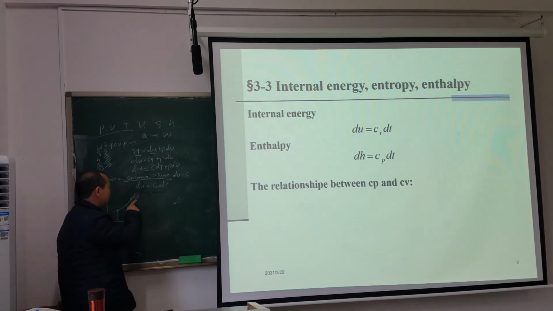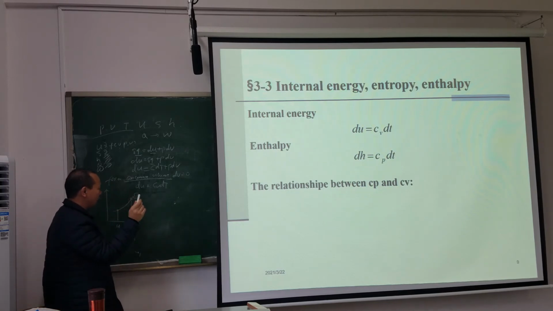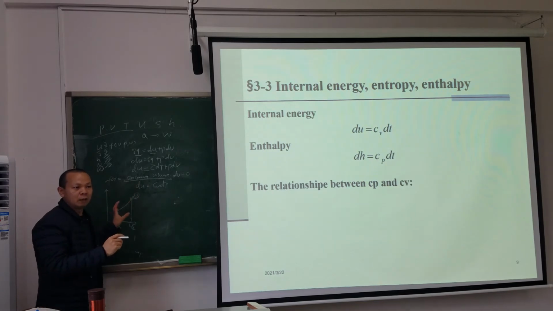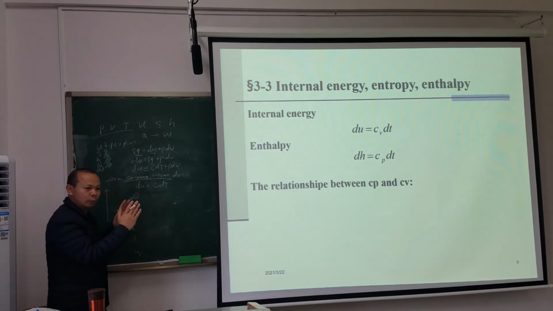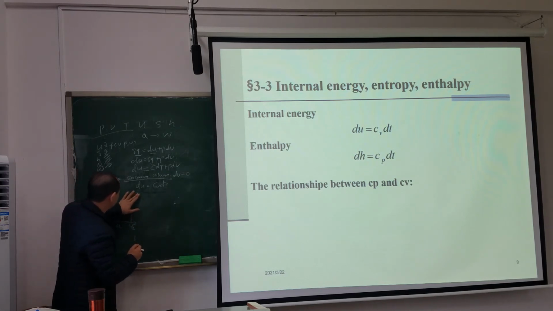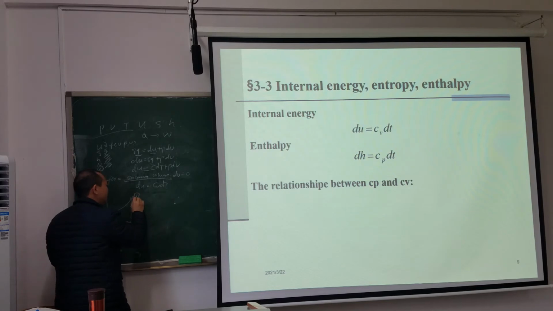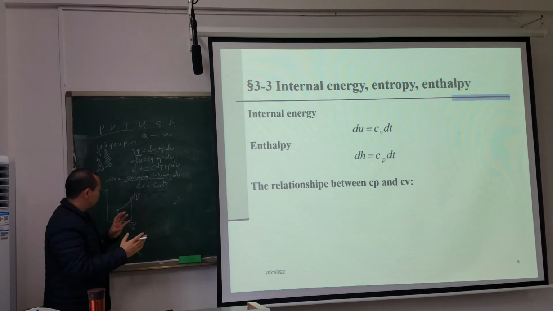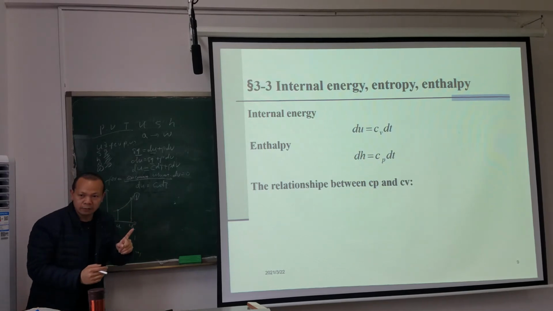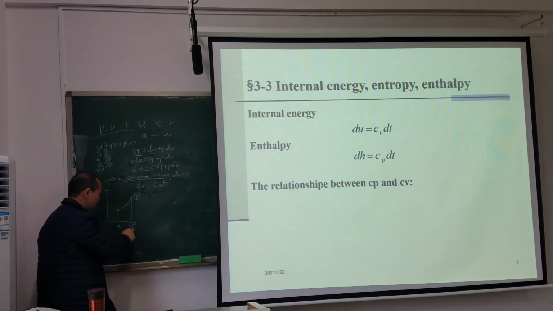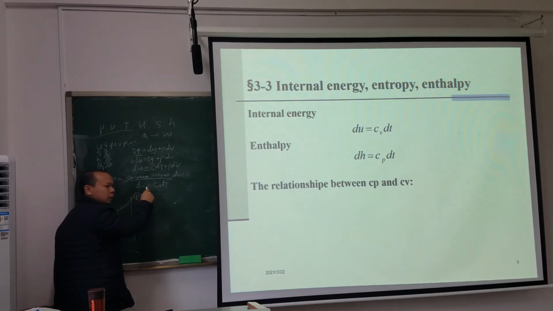For this constant volume process, this equation can be employed here. But if we change this to a constant pressure process and try to calculate U2 minus U1 through this process, we cannot use this equation directly.